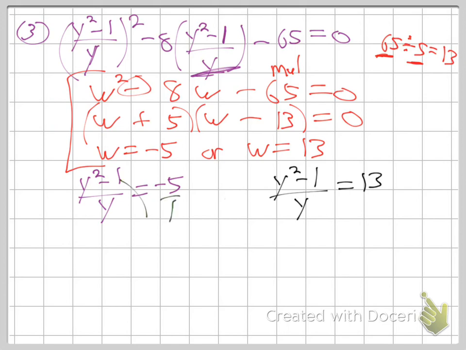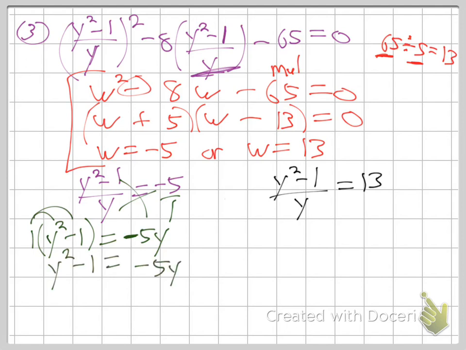Put this over 1, diagonal, diagonal. So 1 times y squared minus 1 is minus 5 times y. So y squared minus 1 is minus 5y. Jump over the minus 5y. Y squared plus 5y minus 1 equals 0.